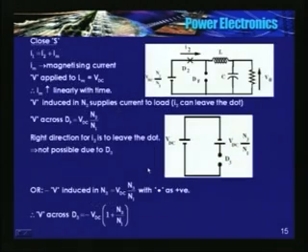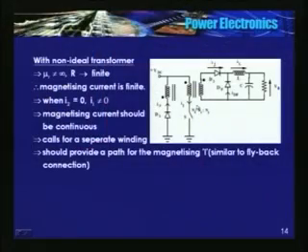So, to sum up the operation: close switch S, current enters the dot, current can leave the dot. The equivalent voltage is applied here, and IL increases linearly. In the tertiary winding, current is 0 because current cannot leave the dot.